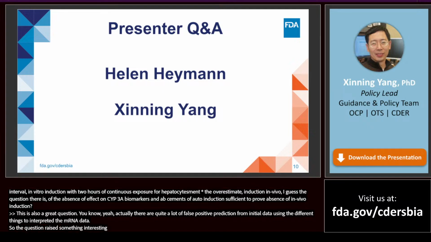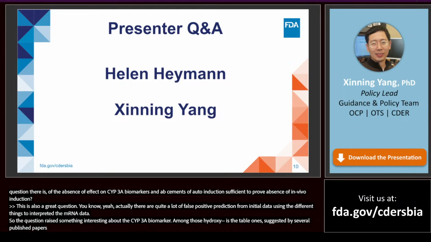Actually, in this ICH guidance, we do mention the utility of biomarkers. For CYP3A biomarkers, I think among those, 4-beta hydroxycholesterol is the most studied one. As suggested by several published papers, I think there's some utility of this biomarker.